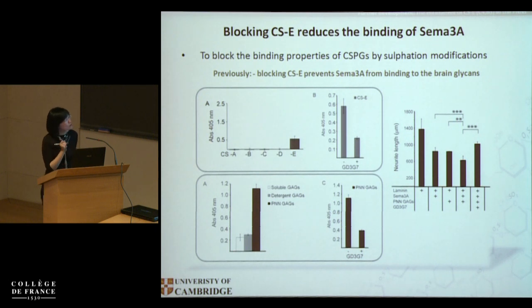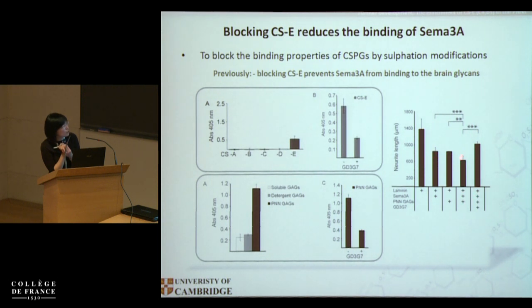The most important experiment here is that we cultured adult DRG neurons in the presence of semaphorin 3A, perineuronal GAGs, and also this antibody. With semaphorin 3A or perineuronal nets, the length of the neurites growing out from the neurons has drastically decreased.